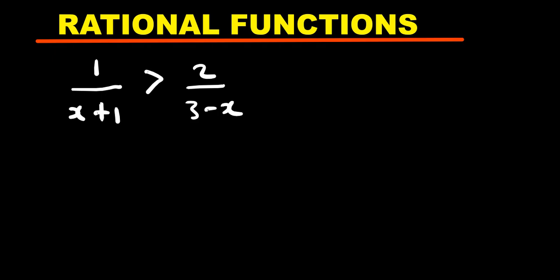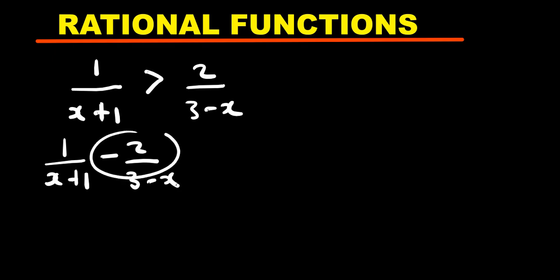Here it's very wrong for you to cross multiply. What you're going to do is take this one to the other side. Then you have 1 over x plus 1 minus 2 over 3 minus x, greater than 0. Note, I've just changed the sign of the numerator. Always change the numerator; don't change the signs of what is down, the denominator.